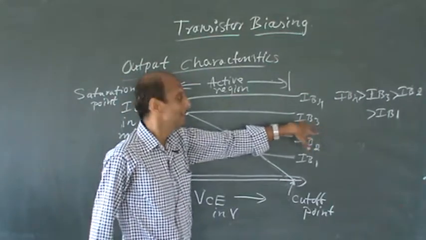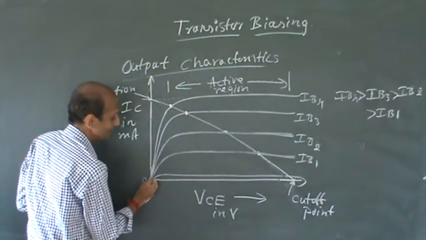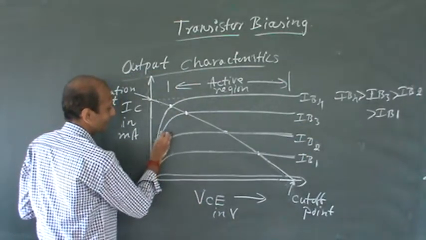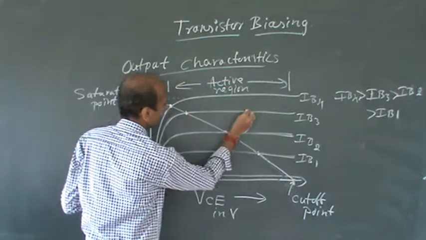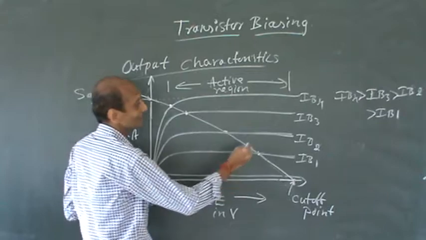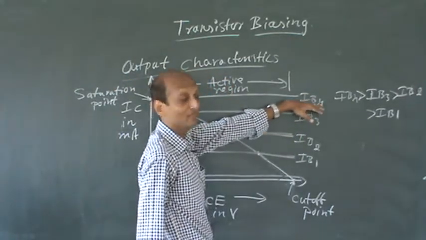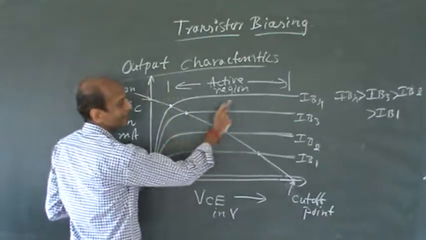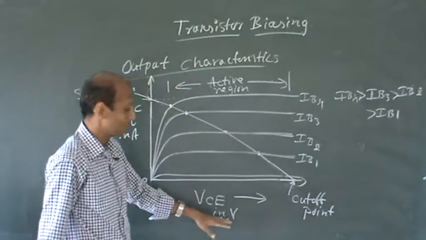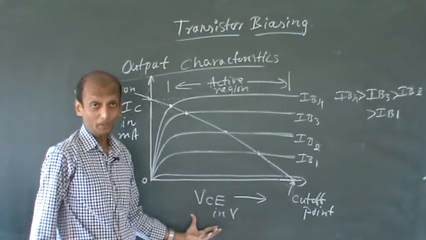If I set base current to IB3, then collector current increases in this manner on application of your VCE. Okay. Then if I set base current to IB4, again collector current varies in this manner on application of proper output voltage.